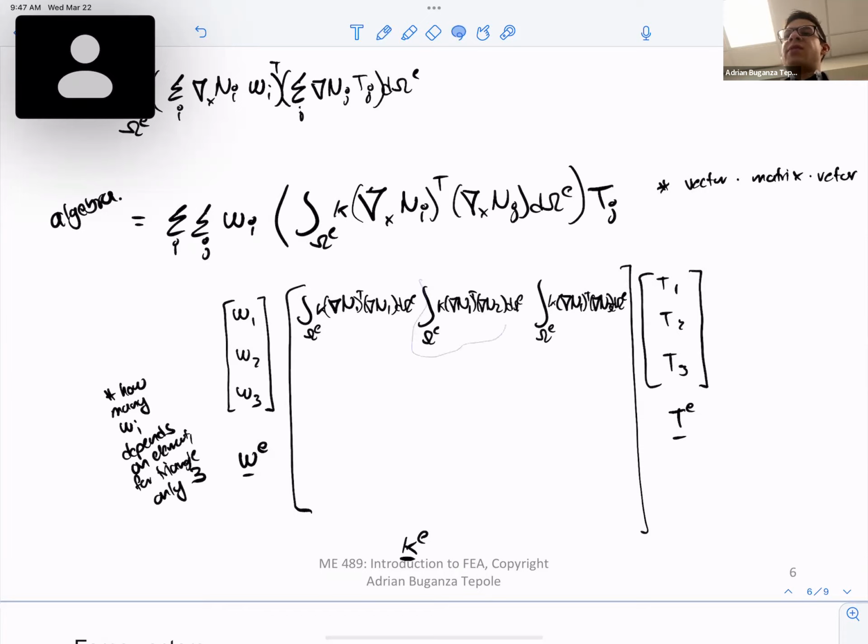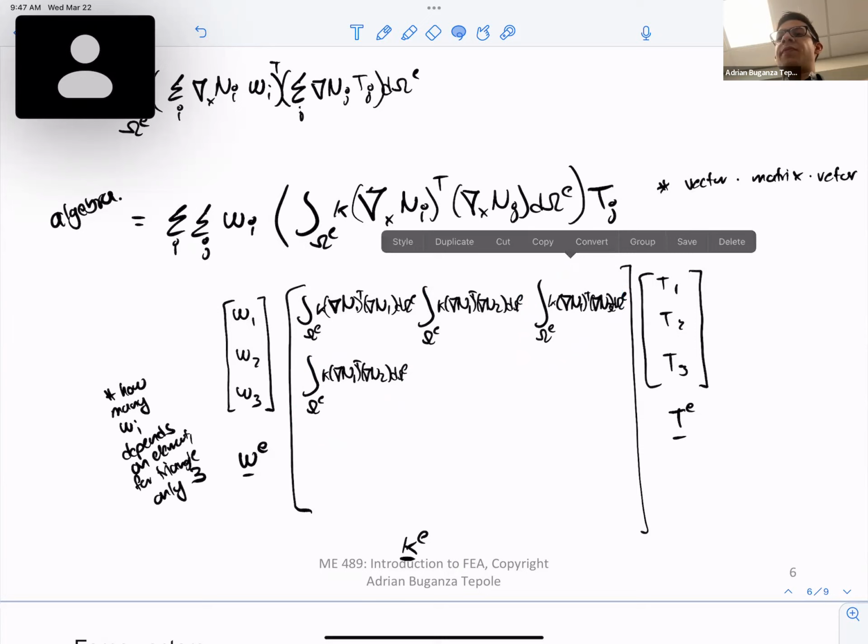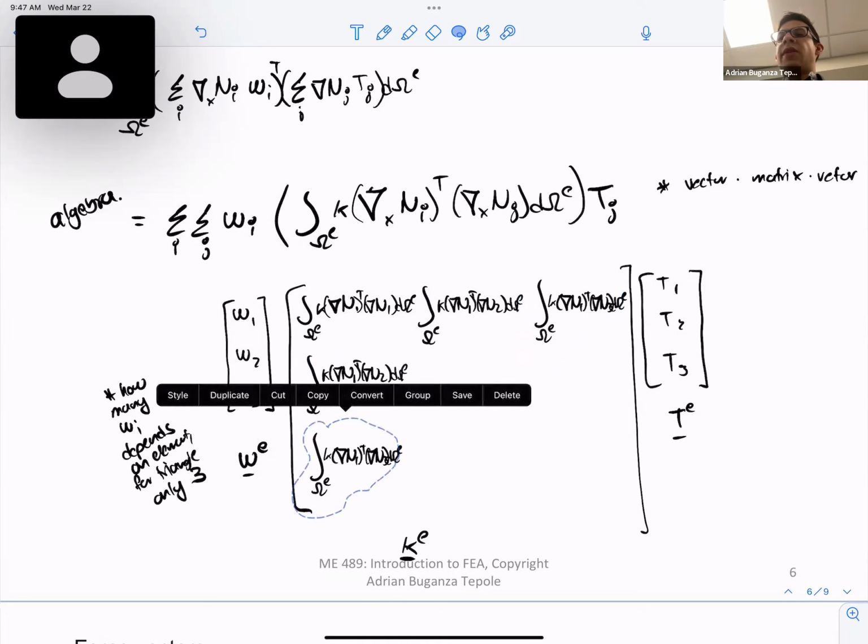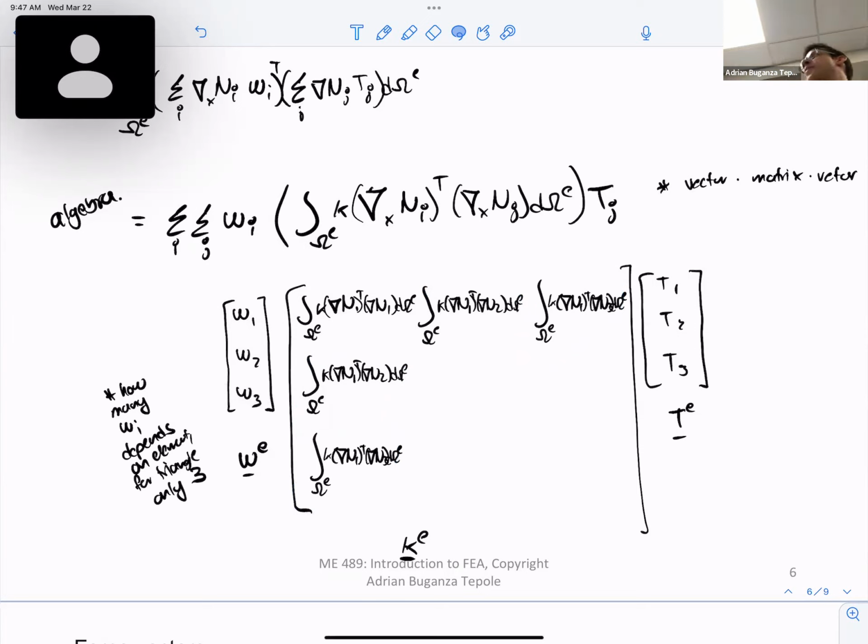These are symmetric, so I'm just going to copy that here. The dot product is symmetric, so I don't need to repeat it. So those are the same. Here, this one is gradient of shape function 2, gradient of shape function 2. And this one is gradient of shape function 2 times gradient of shape function 3.